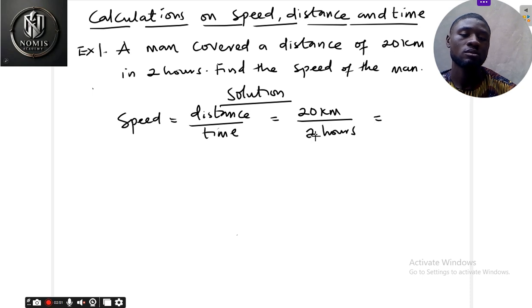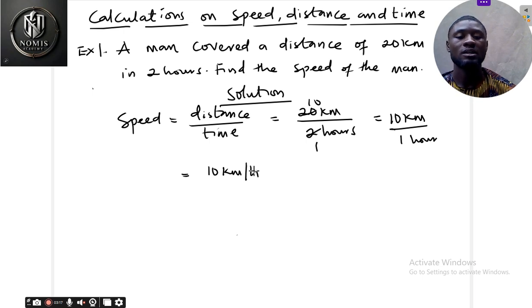We can reduce to the lowest term because we have a common factor that can divide 20 and 2, and that is 2. 2 here 1, 2 here 10, meaning that 10 kilometers is covered in 1 hour, such that the man covered 20 kilometers in exactly 2 hours. Therefore, the speed of the man is 10 kilometers per hour.